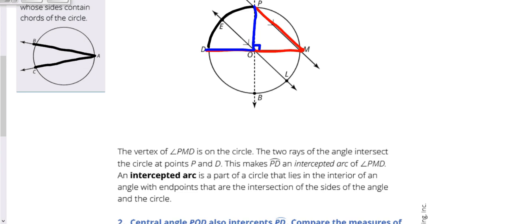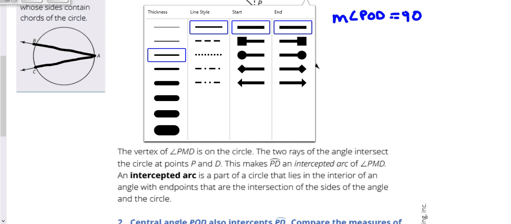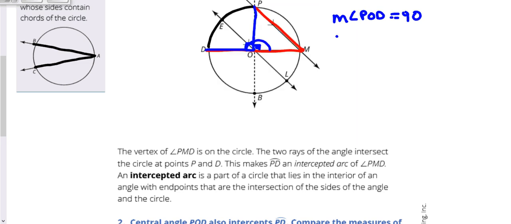This is a linear pair going on here. So if this side is 90 degrees, then this side also has to be 90 degrees. So we know that the measure of angle POD is equal to 90 degrees. Now, we also know that central angles are equal to their arcs.